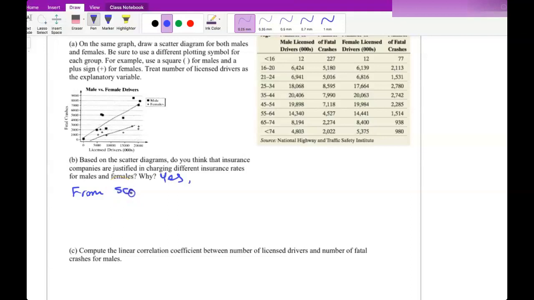So from the scatter diagram, males have higher crash rate.